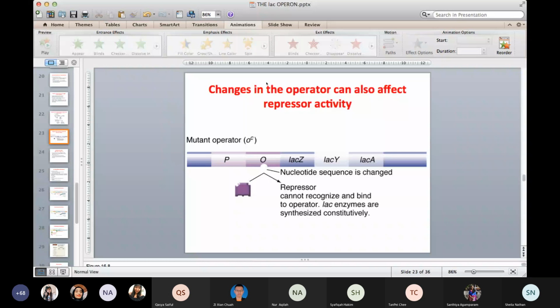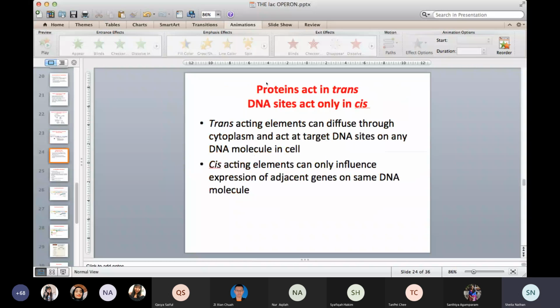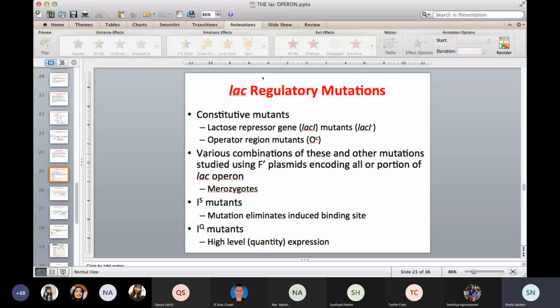All right. So in addition to what we have seen, the Lac-I mutant or the operator mutant, you also have the super repressor or IS mutant, and there's another one that we didn't look at, which is called the IQ mutant. The effect is high levels of expression.